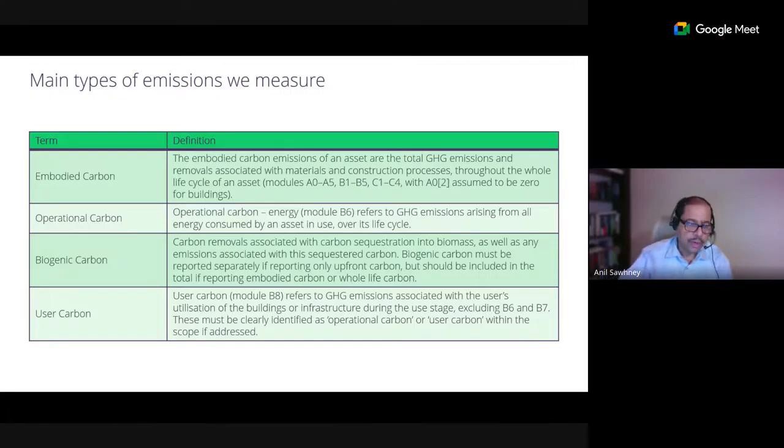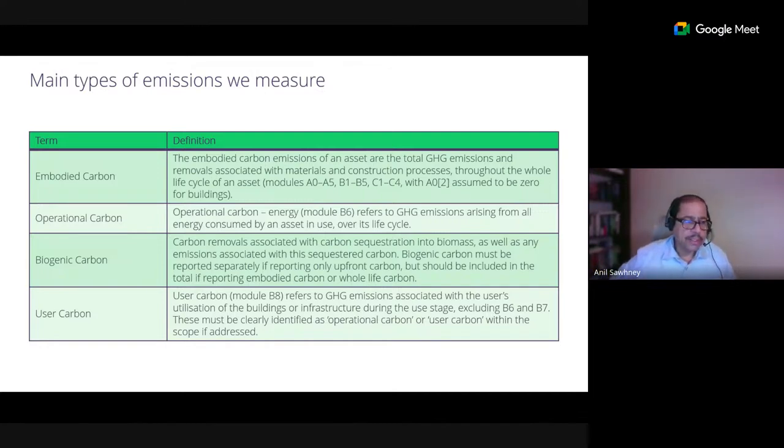If you flew into Nagpur, the emissions that were caused because of your travel are also user carbon. So I'm defining it here, but generally it is not part of the calculations. We focus on embodied, operational, and biogenic carbon generally. But it's good to know what user carbon is.